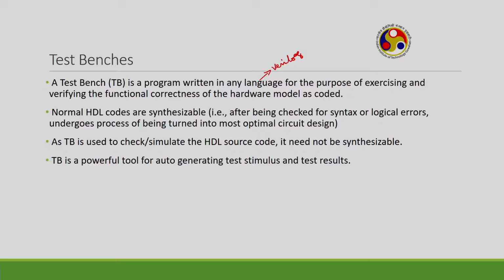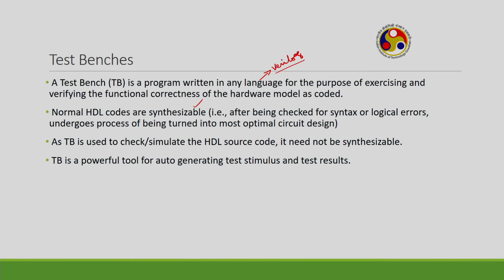This is also a Verilog code, and we have written Verilog code for the different combinational and sequential circuits. Then what is the difference between this test bench Verilog code and the Verilog code written for various combinational and sequential circuits? The main difference is that normal HDLs are synthesizable.